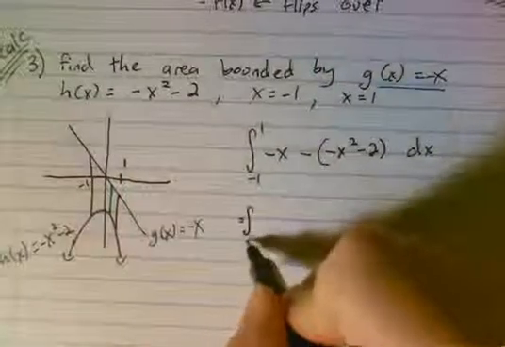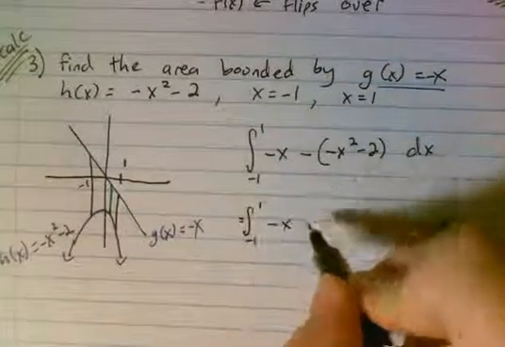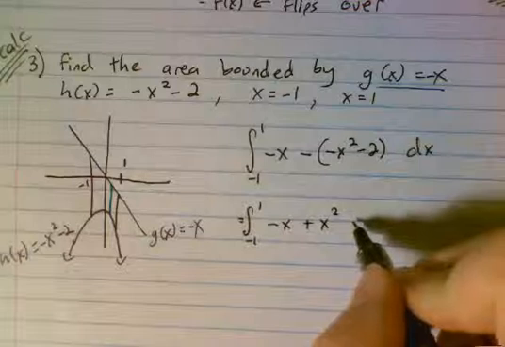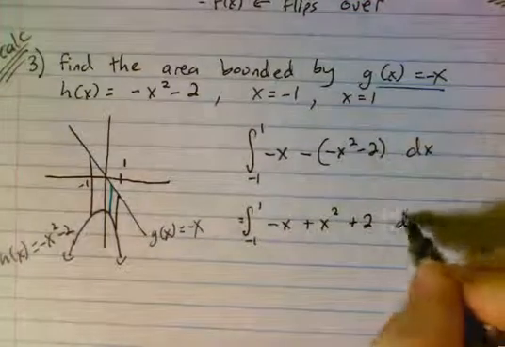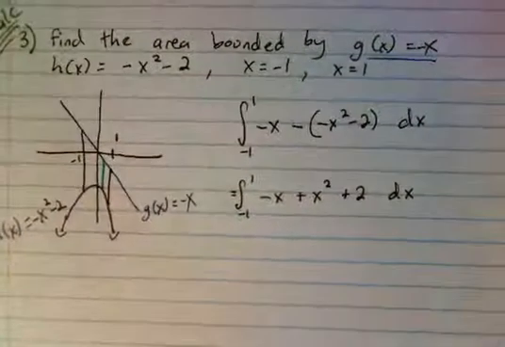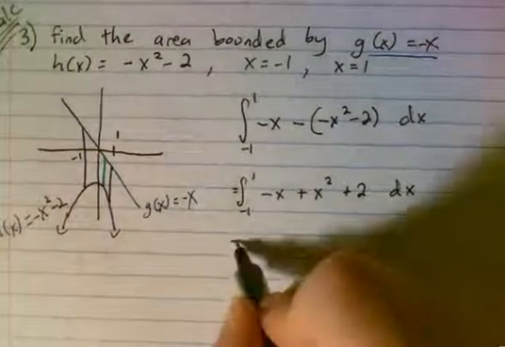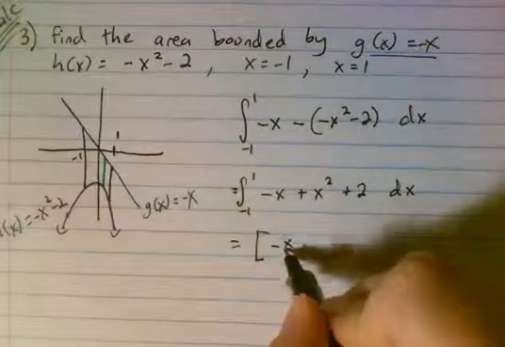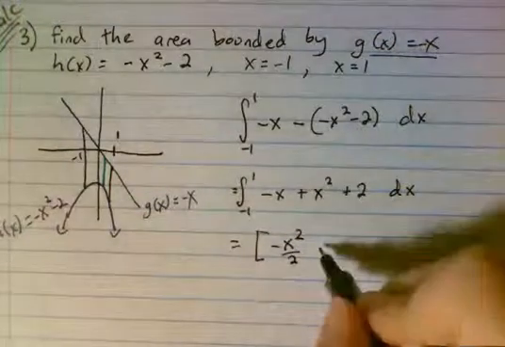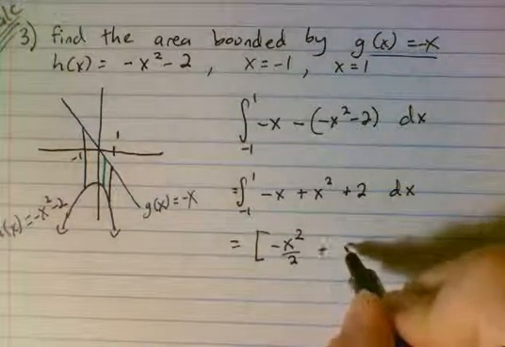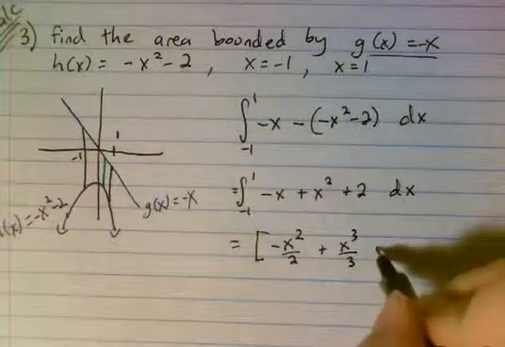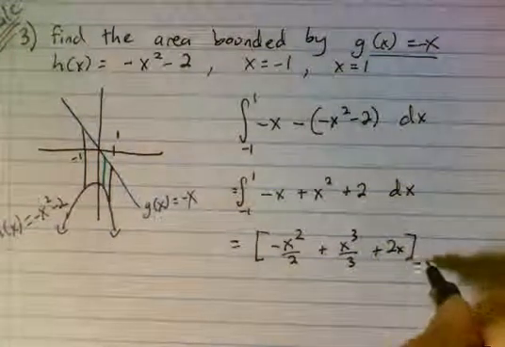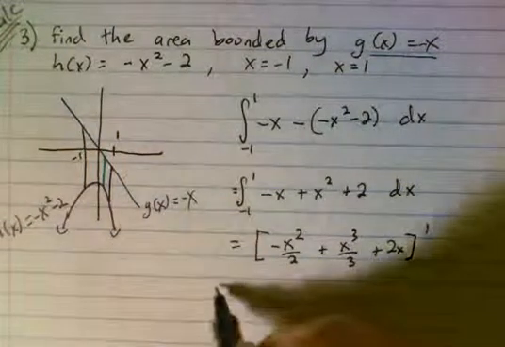So we're doing integral from negative 1 to 1, negative x plus x squared plus 2. Negative x squared over 2, I'm taking the antiderivative, plus x to the third over 3 plus 2x. All this from negative 1 to 1.